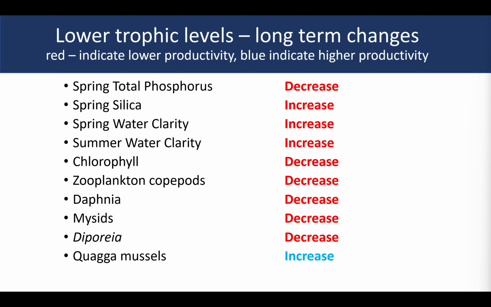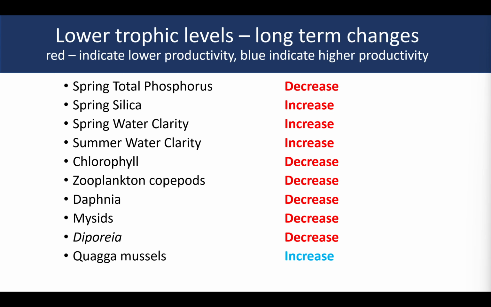So if we look at all of these indicators, going from mineral nutrients to phytoplankton to zooplankton to mysids to mussels, all of these have either increased or decreased, but the red indicates basically a trend for lower productivity. So again, this is over the full time series, so the 30 years.